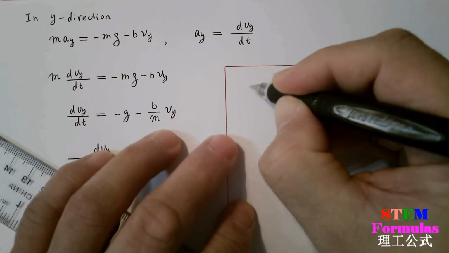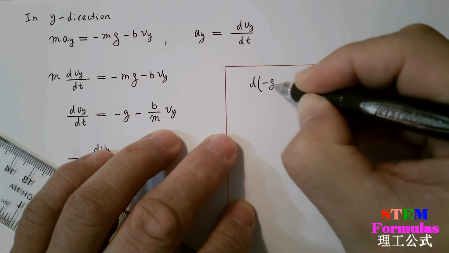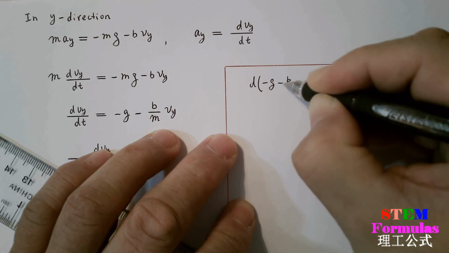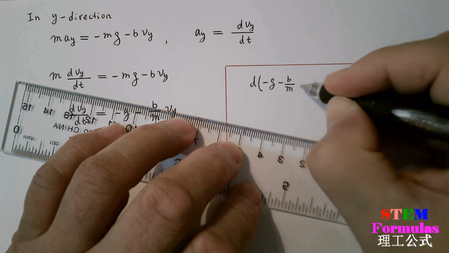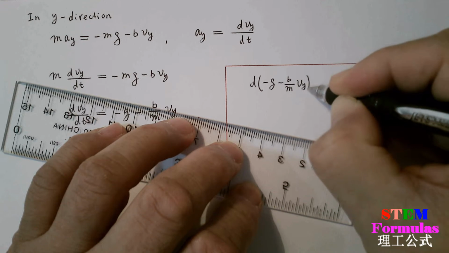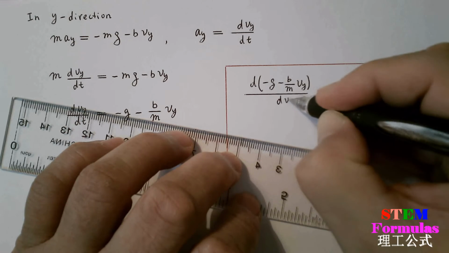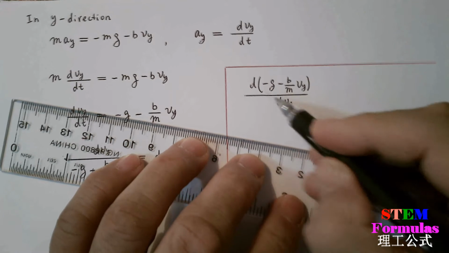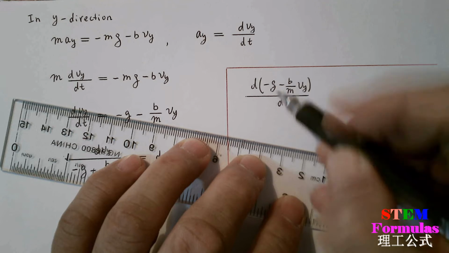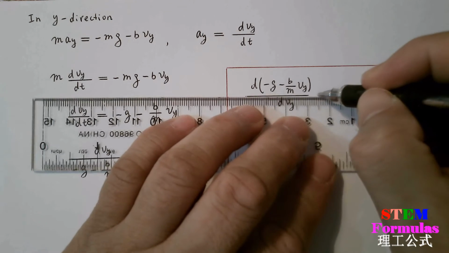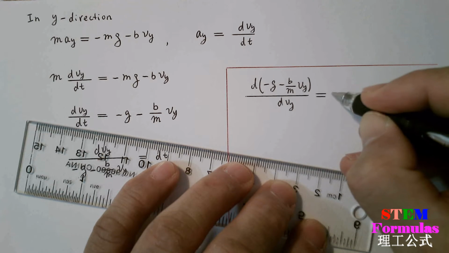Consider the derivative d of minus g minus b divided by m vy, with respect to dvy. This is a function of vy, and we take the derivative with respect to vy. The derivative of the first term, which is constant, is 0.